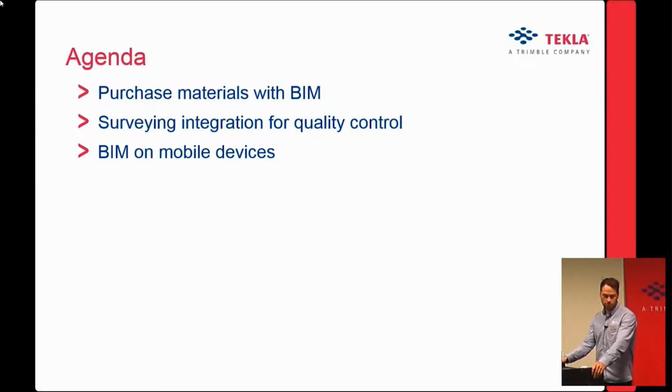Then surveying integration for quality control: how can we create surveying or layout points in Tekla, get the information to a Trimble surveying device, and then back to the Tekla model, the actual points. And last but not least, BIM on mobile devices, so how you can use and utilize iPads and iPhones on site.